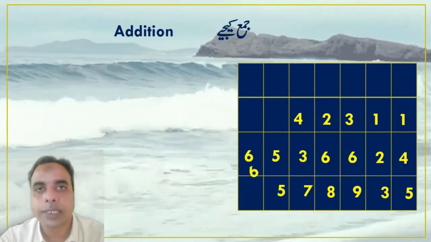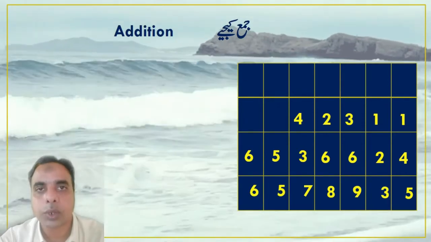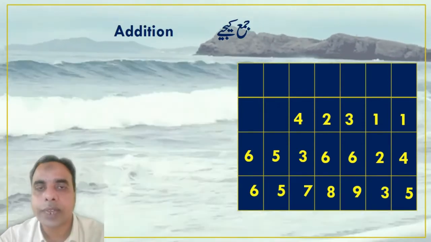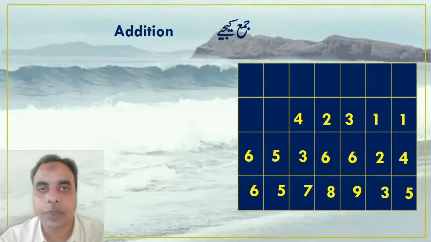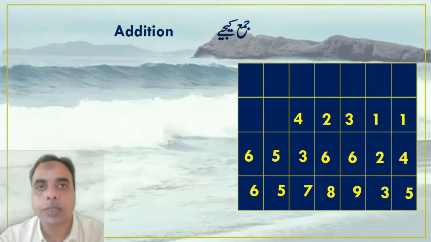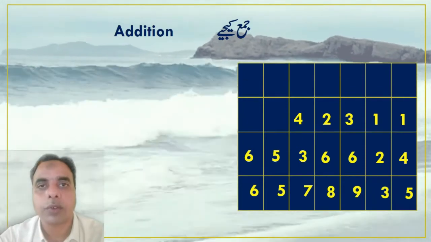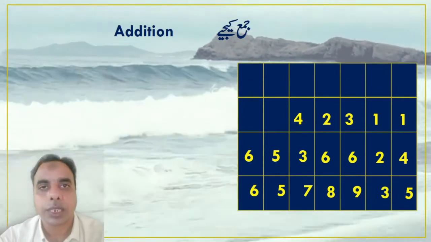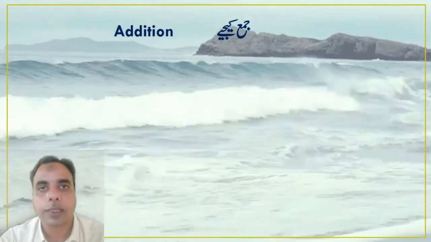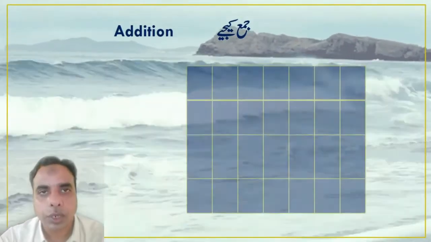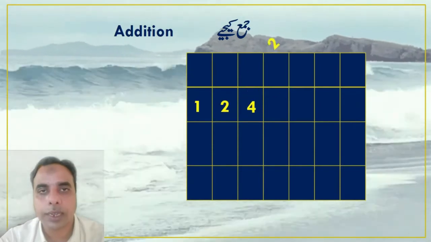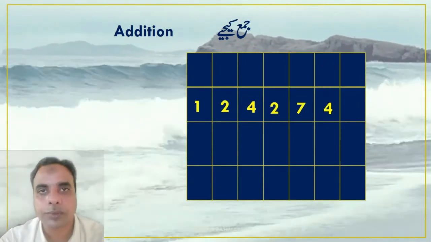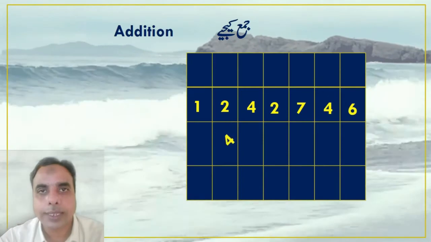So we'll start the addition here. 1 plus 4 is 5, 1 plus 2 is 3, 3 plus 6 is 9, 2 plus 6 is 8, 4 plus 3 is 7, and 5 will be as it is, 6 will be as it is. So the answer will be 65,78,935.